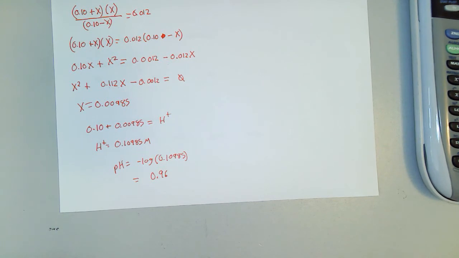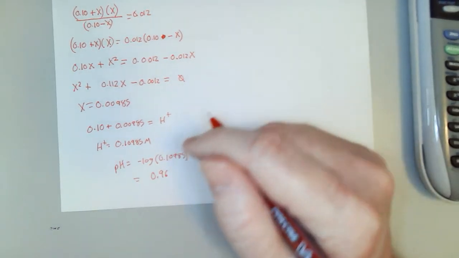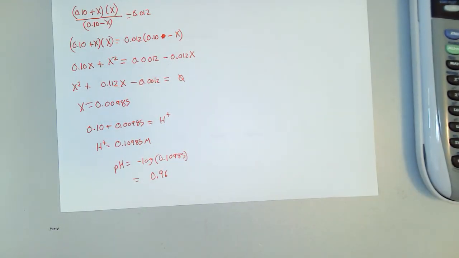So what I'm seeing here is that for H2SO4, which is a strong acid, both dissociations matter. The second dissociation is almost a strong acid. But when I was looking back at H2CO3, the carbonic acid, the second dissociation gave so little hydrogen ion that it wasn't going to change anything.